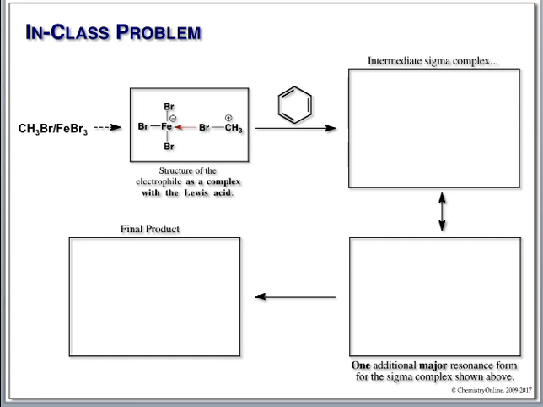So, in electrophilic aromatic substitution, what happens is the electrophile, here the methyl carbocation, is going to add to the ring and form a sigma complex. So it's going to add to one of the ring carbons, and it's going to look something like this. When it does this, it forms a sigma complex bearing a positive charge.